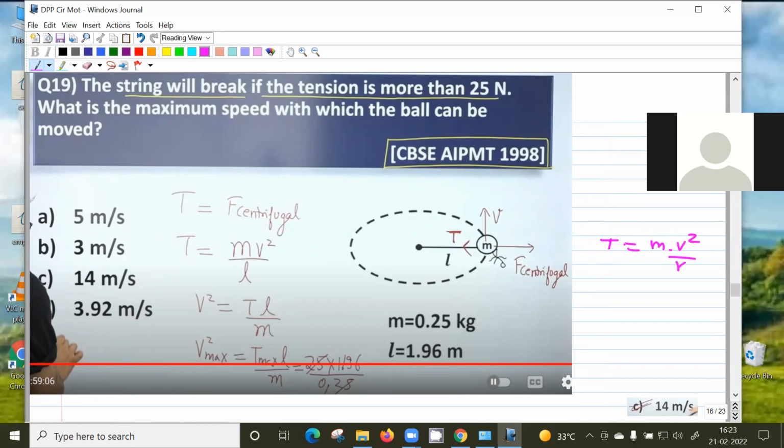So this tension will keep increasing if v is increasing, with r fixed. When the tension becomes the maximum tension, that is 25, we have to find the corresponding v. What is the answer?